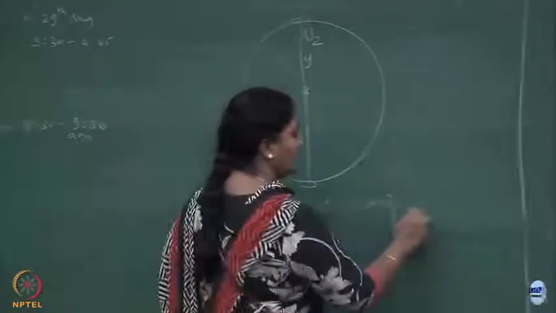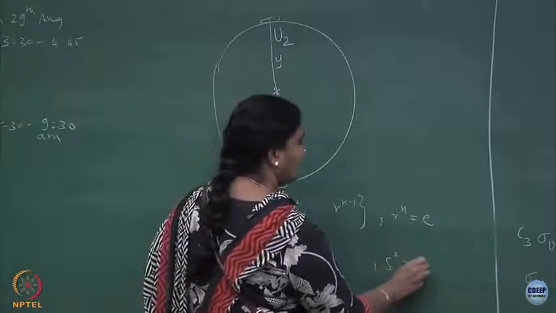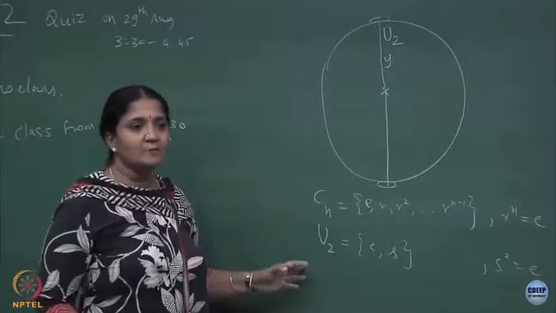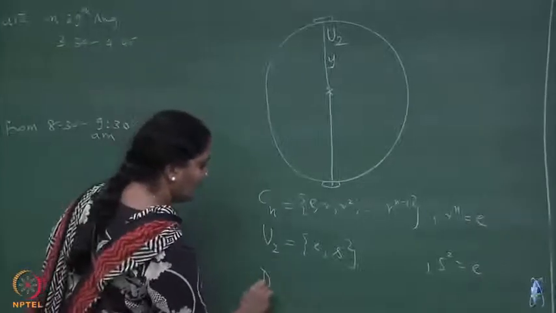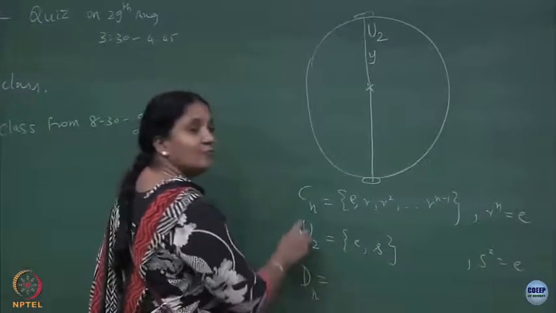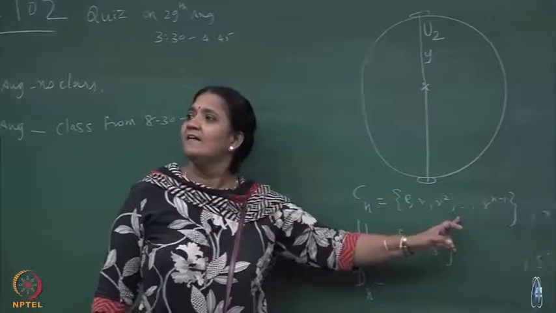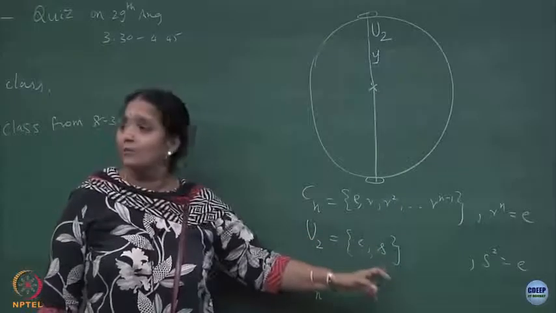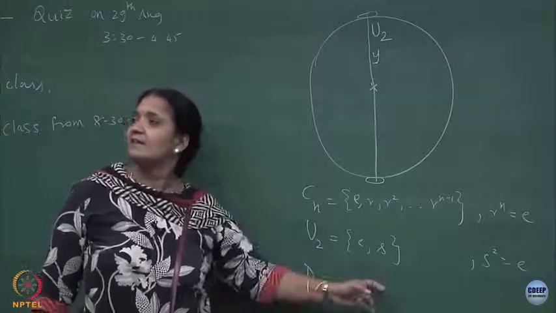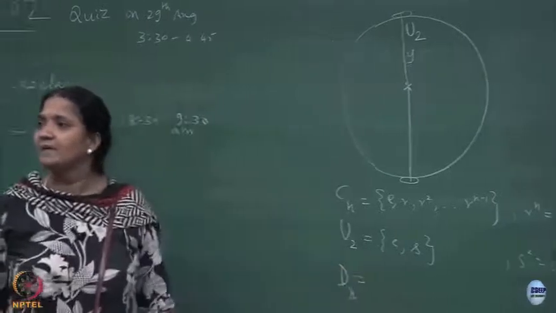So, r to the power of n is identity, here s squared is identity, and then we tried to combine all possible terms, and I said that is the dihedral group, which is denoted as Dn, which will be made of how many elements? What will be the order of the group? This has order n and this has order 2. When you take these two together and write the whole set, it will be order 2n, right. You will have 2n elements.